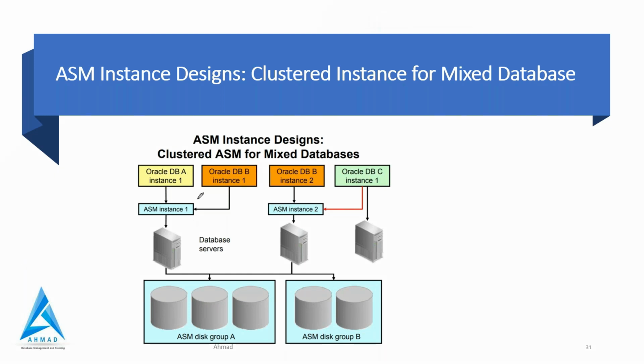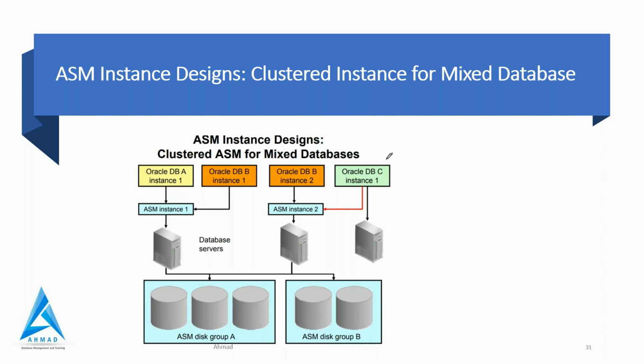Let me take a pen. See that here two databases are using instance one and stored here, and here instance B is using this and stored here, and this database instance is using this and stored here, and also this stored here.